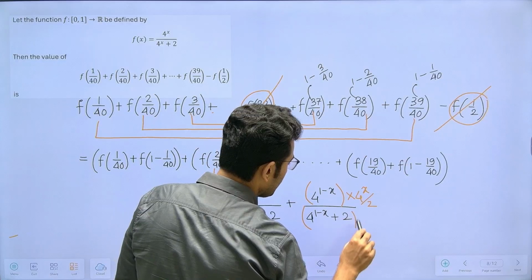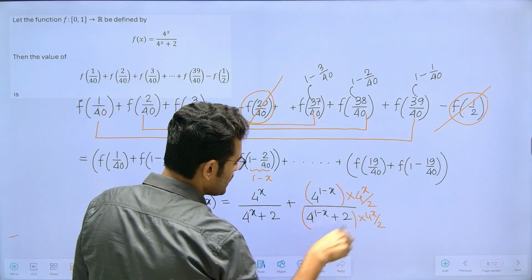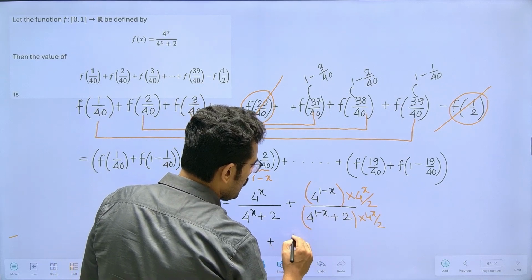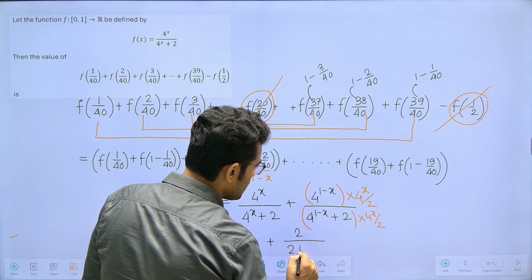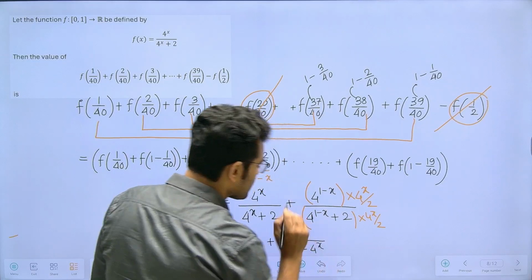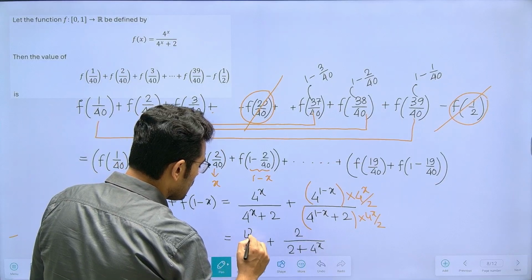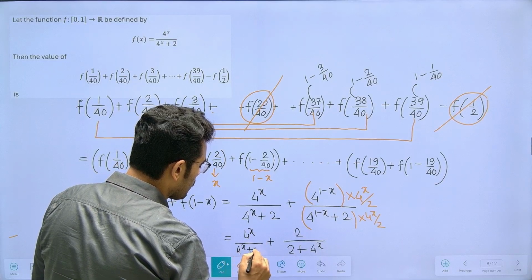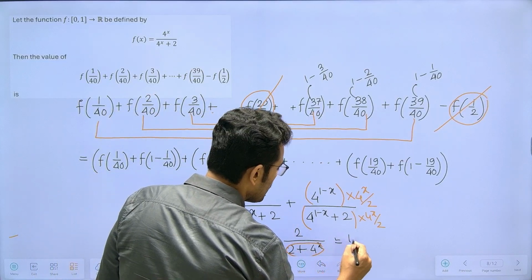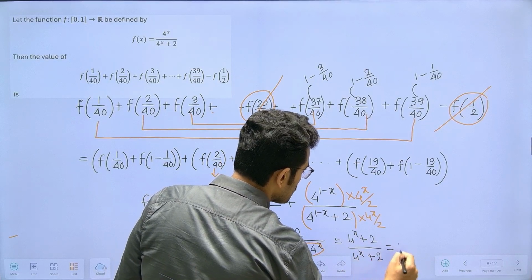The first term stays as it is, and the second changes to 2 / (2 + 4^x). Now we have a common denominator: 4^x / (4^x + 2) and 2 / (4^x + 2), so we add the numerators. It will be (4^x + 2) / (4^x + 2). So the ratio is 1.